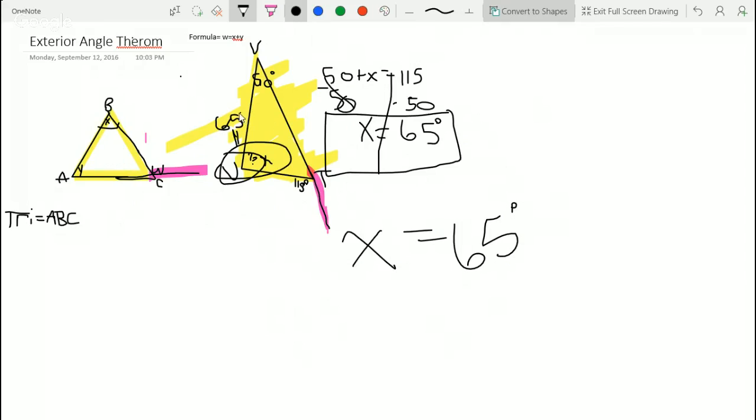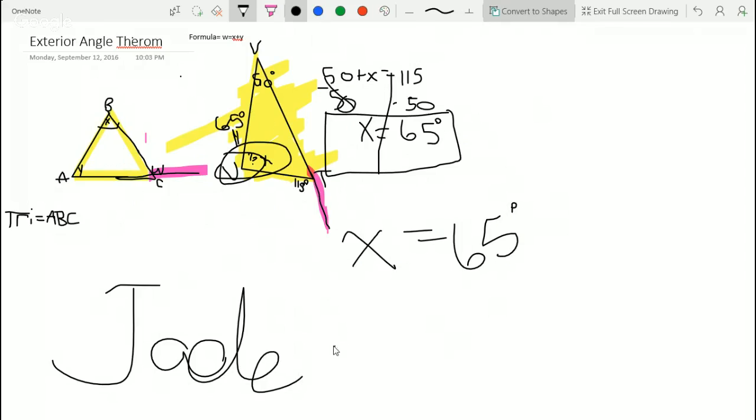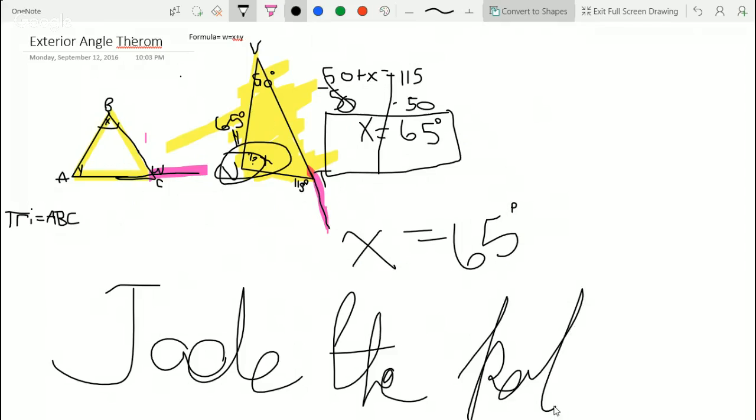See, I'm trying to do cursive. Gosh. Now this has been Jade the Cat. I need to get better at this. It's not working for me.